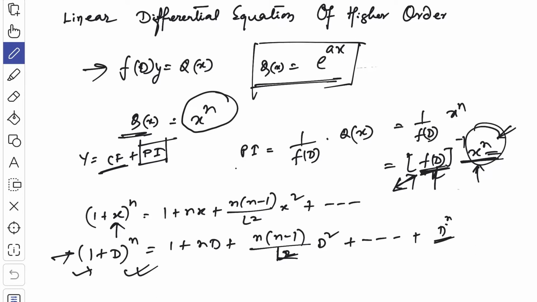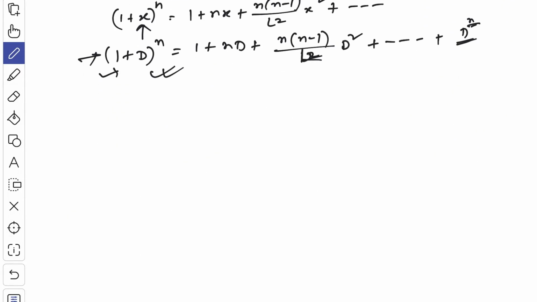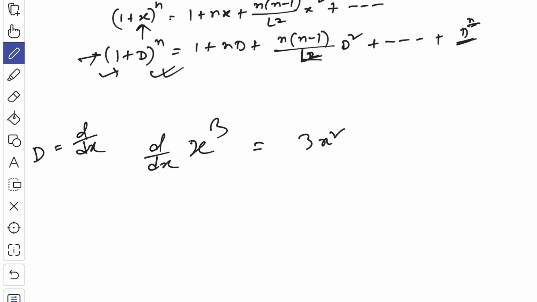Because you see, suppose you have x to the power 3. If you differentiate it once, D means here d by dx, you will get thrice x square, isn't it? If you operate on this by D square, that means if you find the second order derivative, you differentiate again and you will get 6x.